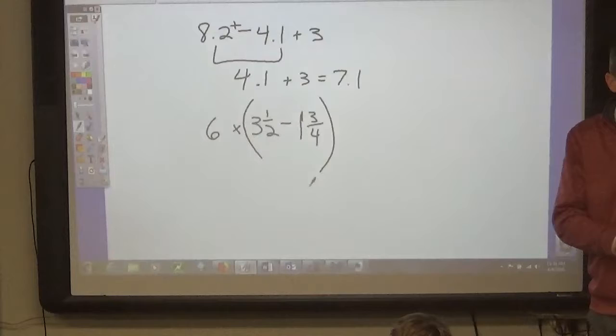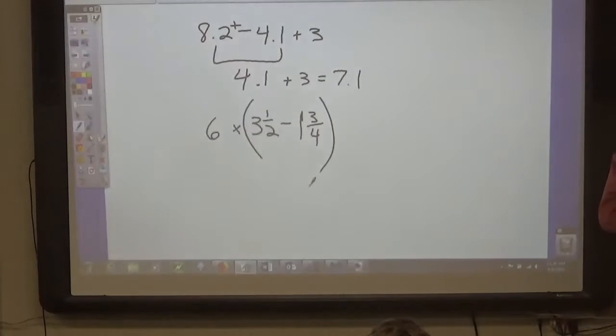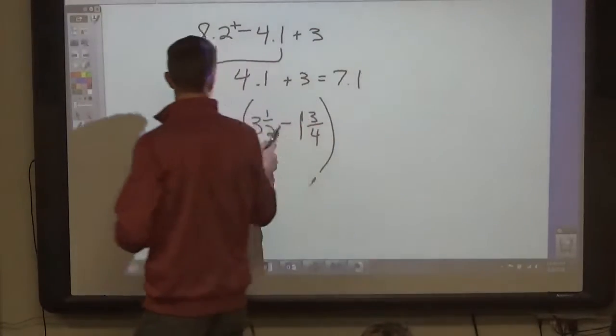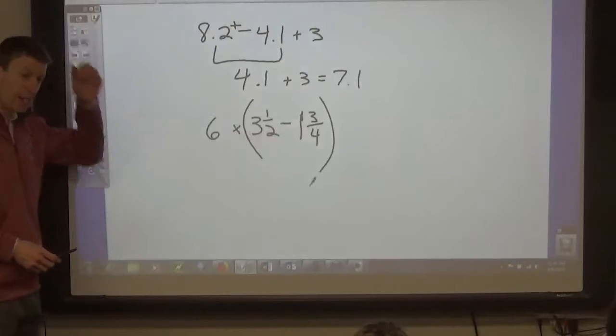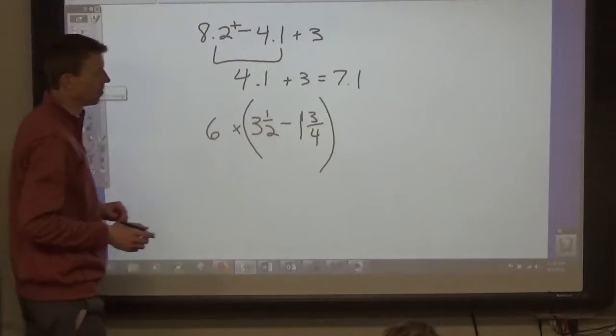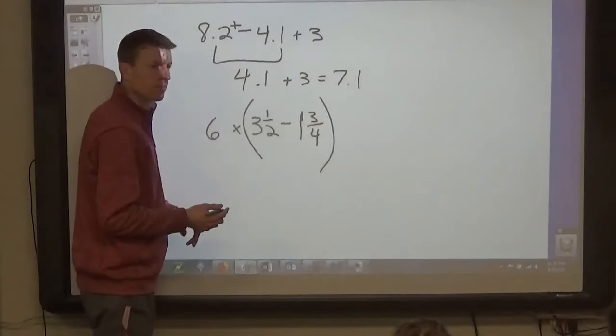How do you subtract fractions again? Well, 3.5 minus 1 3/4, we can't do the subtraction the way it is.